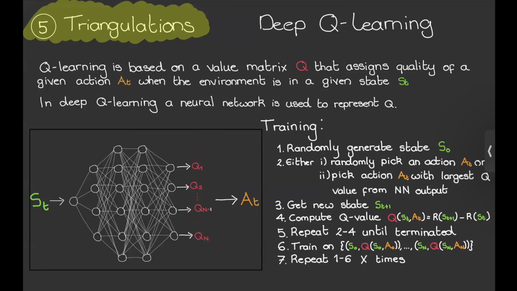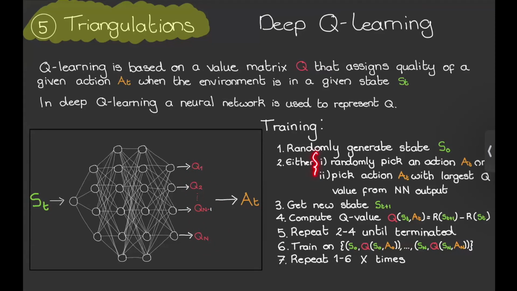So yeah, the overall training procedure can be summarized as so. You start with a random state, and then you pick an action. You either pick an action by randomly picking one from the action space, or you pick one by inputting your state to the neural network, getting out the Q values, and then picking the one with the highest value.